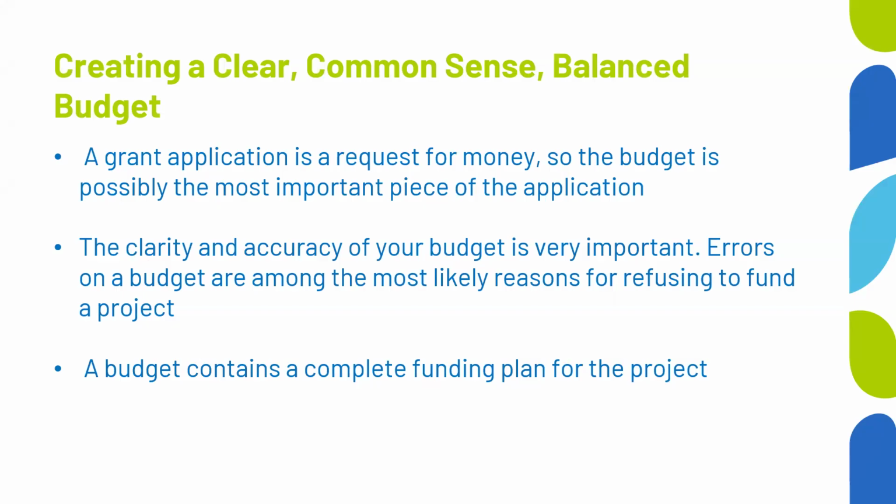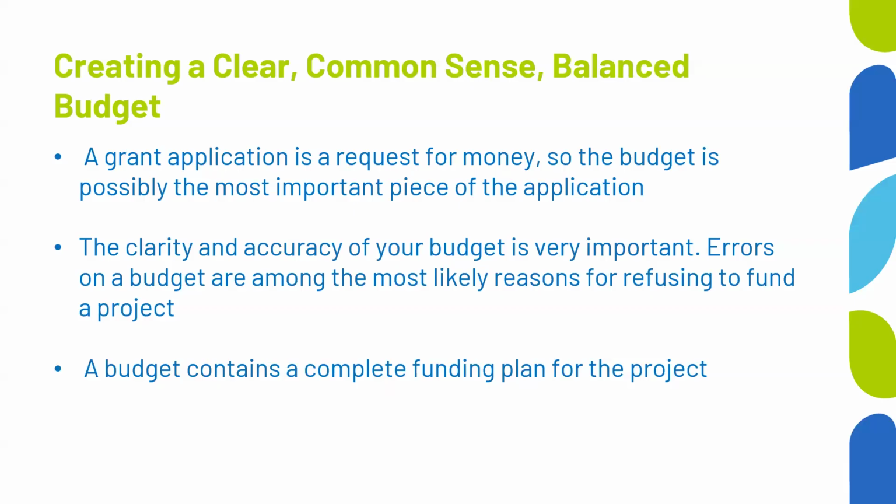Errors in a budget are among the most likely reasons that a decision will be made to not fund. As I said earlier, a lot of what isn't funded through our programs doesn't happen because we make a decision to not fund something. It's because we have only so much money, and so we can only fund the ones that we think are the best buys for us, the most good that we can buy with the funds that we have.